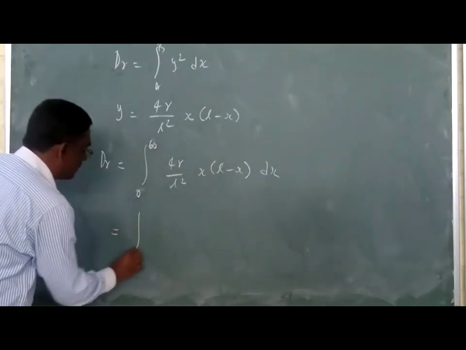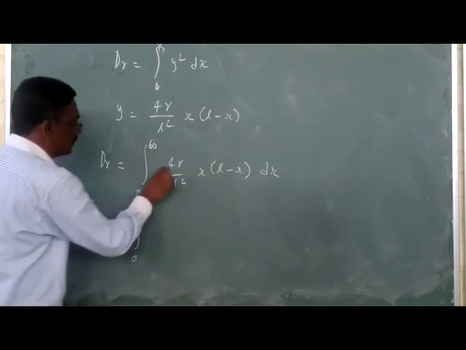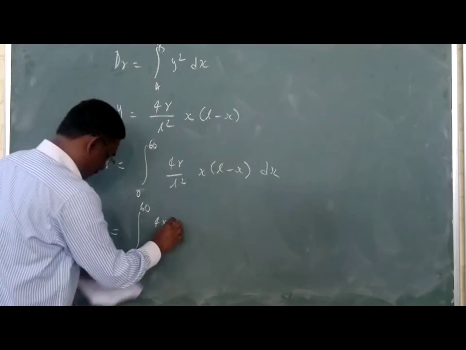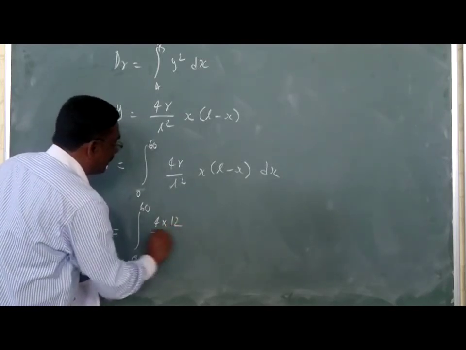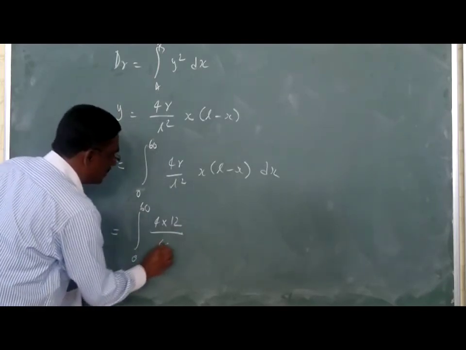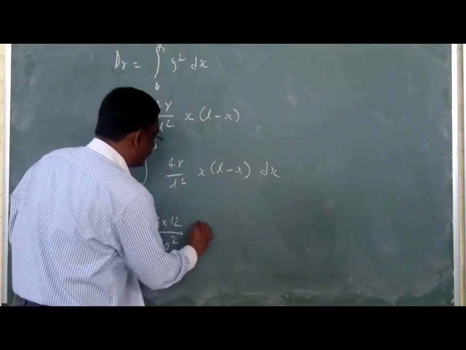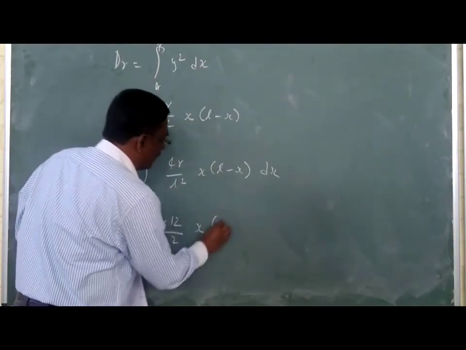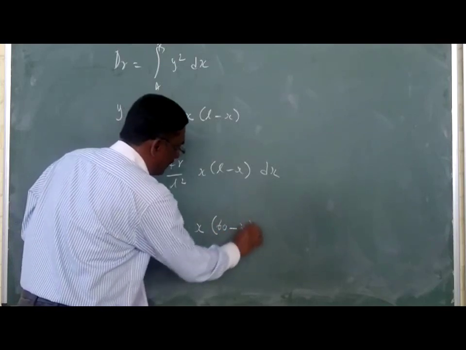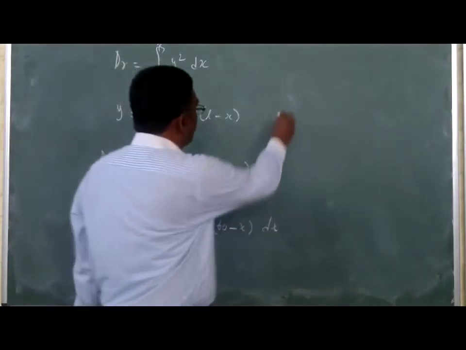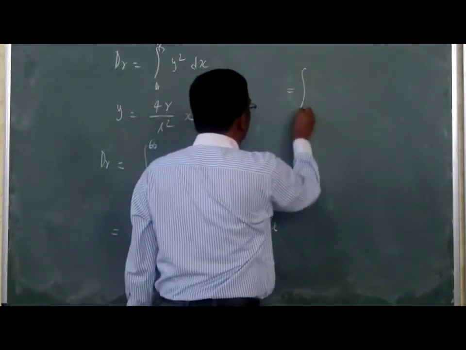Now let us also substitute the remaining values. 4, rise of the arch is given to be 12 meters, and span of the arch is 60 square, x, and span of the arch again is 60 minus x dx. Now this is integral 0 to 60.